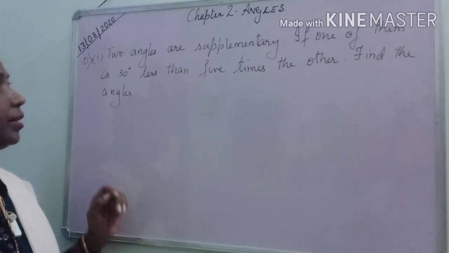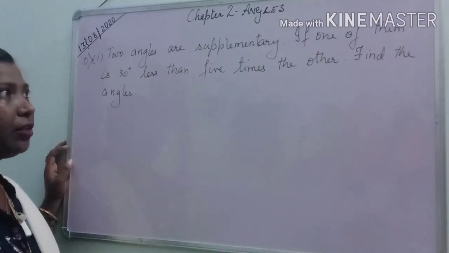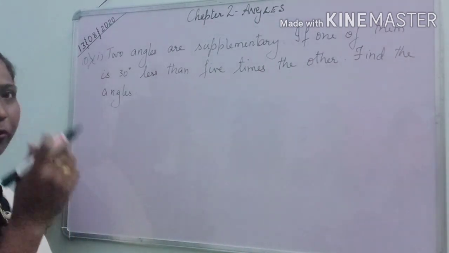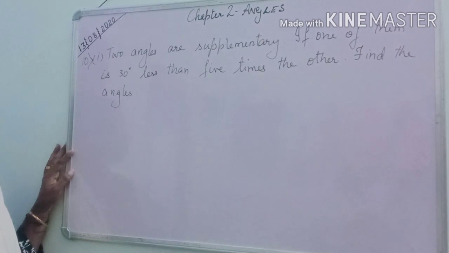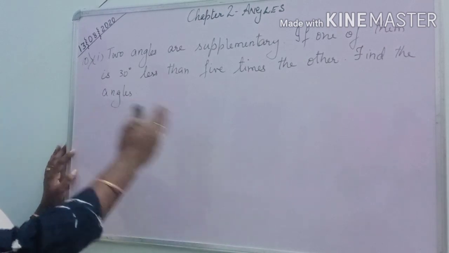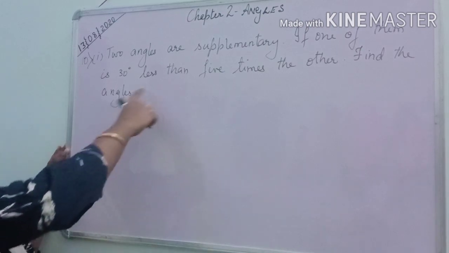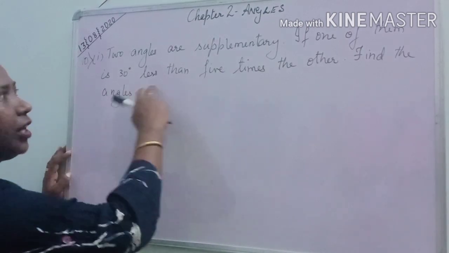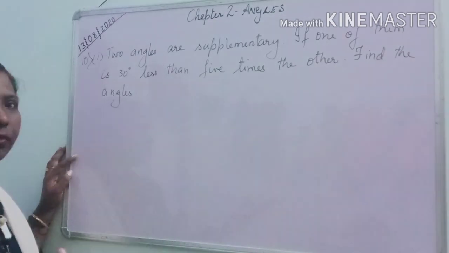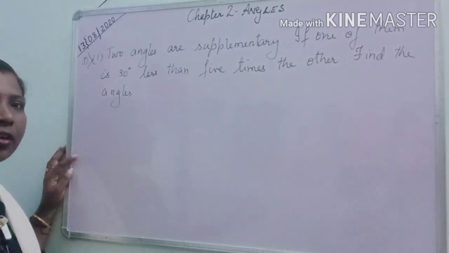10th question: two angles are supplementary if one of them is 30 degrees less than 5 times the other. Find the angles. Now here, because we have to find the angles, they are talking only about one of the angles. We will take the first angle as x.